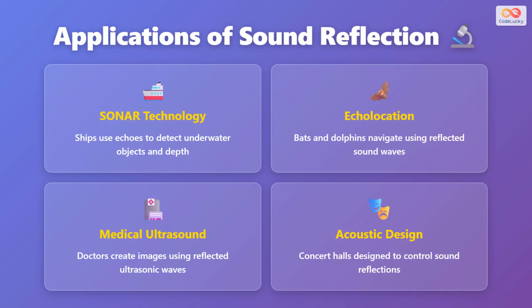They emit sound waves and listen to the echoes to build a mental map of their surroundings. Medical ultrasound uses high-frequency sound waves that reflect off internal body structures, allowing doctors to create images of organs and developing babies. In acoustic design, architects carefully plan concert halls and theaters to control sound reflections, ensuring optimal sound quality for audiences.